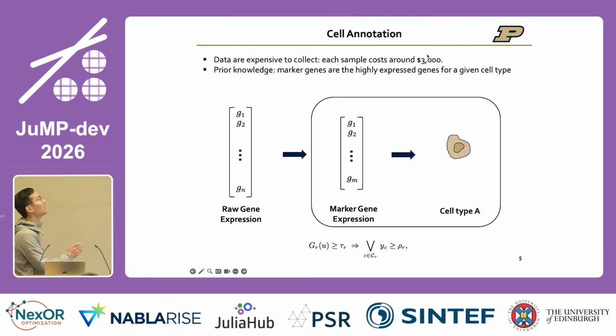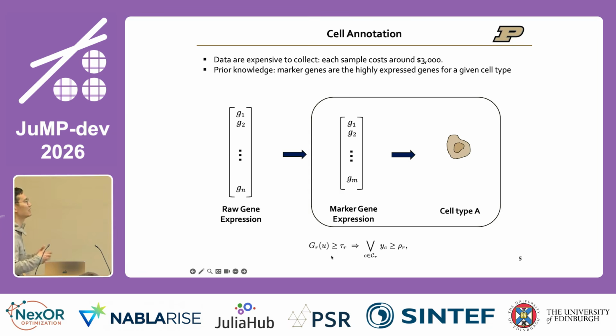But fortunately, the biomedical researchers have very good domain knowledge about this problem. So what they have studied is something called marker genes. Right? So you can think about the marker genes as a subset of the genes in this whole vector. Right? Maybe for each of the cells, you can collect 10 marker genes, and it will help you to classify the cell types. Right? So you can think about this can be represented as a disjunctive program. Right?